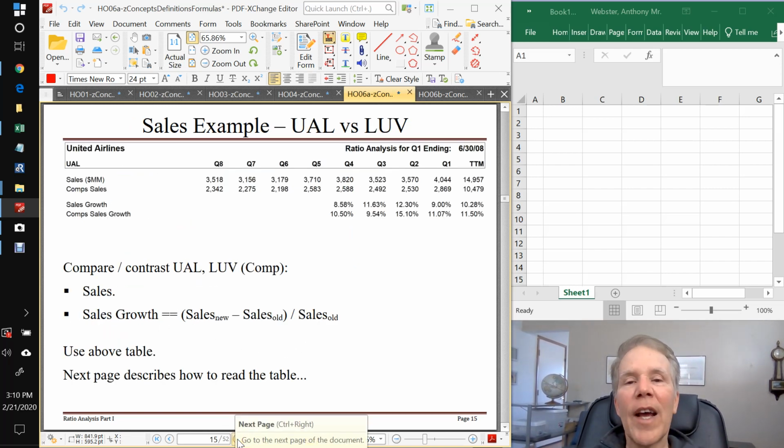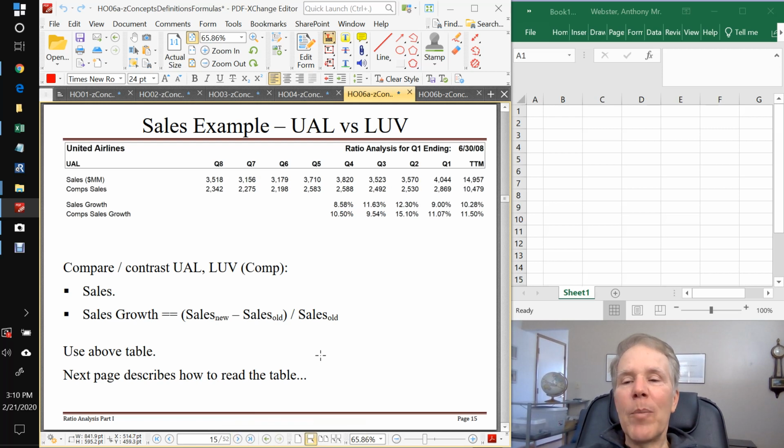And then we looked at an example here for sales and sales growth. So you can see that the sales of Love are about 2/3 the sales of UAL, but in the real world, that definitely makes them comparable. And we looked at how to compute these numbers.